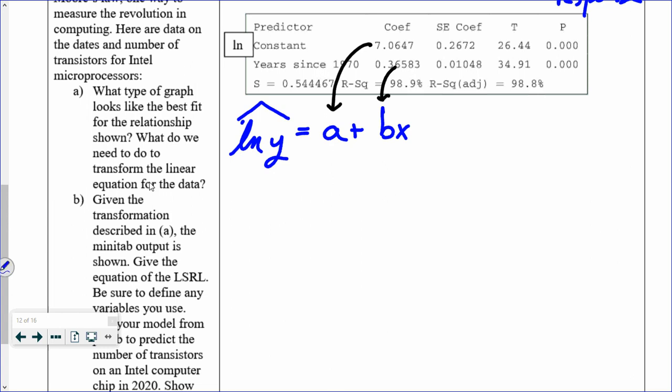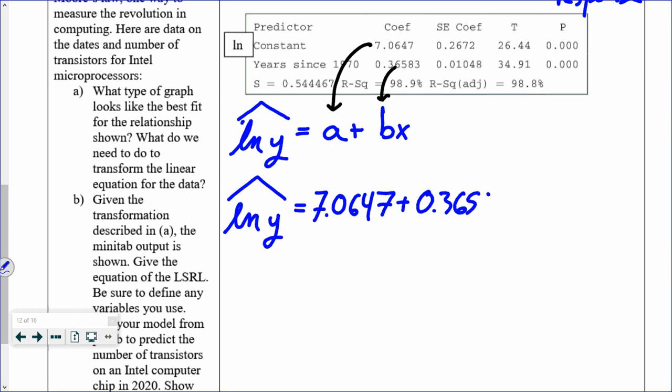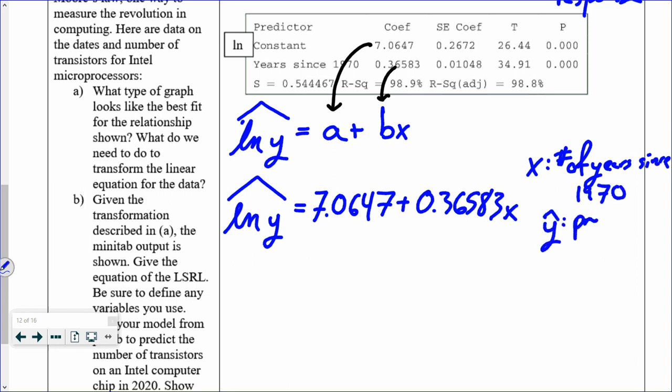So this is going to become predicted natural log of y equals 7.0647 plus 0.36583x, where x is the number of years since 1970, and y hat is our predicted number of transistors. Great.